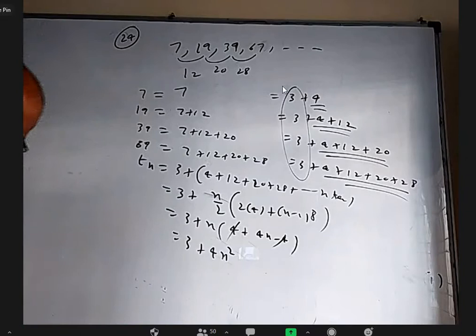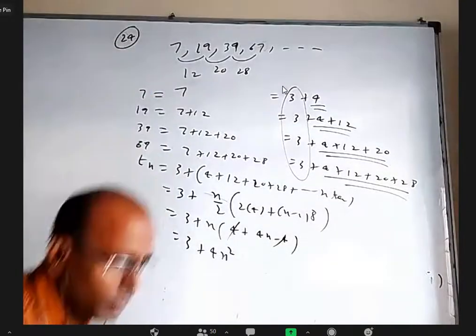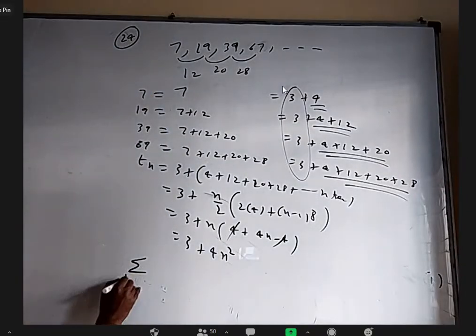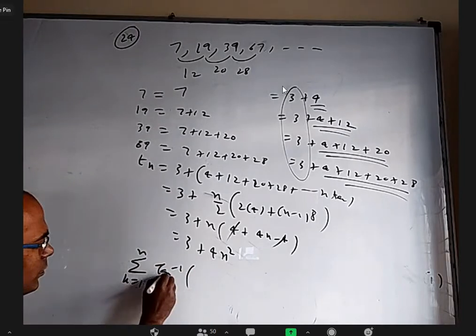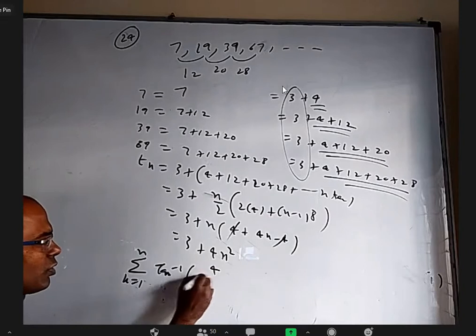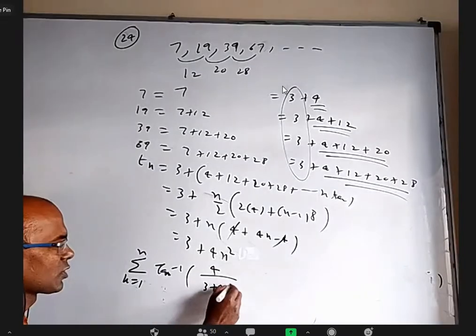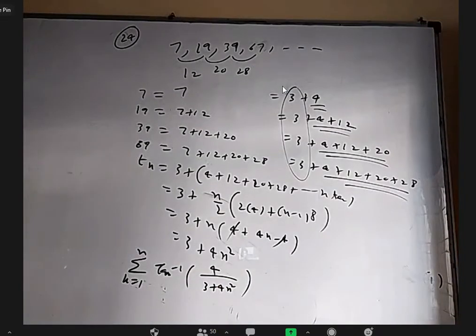Okay, so each term is cot inverse. If I take the reciprocal, you get tan inverse. So the question is now sigma k equal to 1 to n tan inverse of 4 by (3 plus 4n square). But you know, I need to have 1 here.